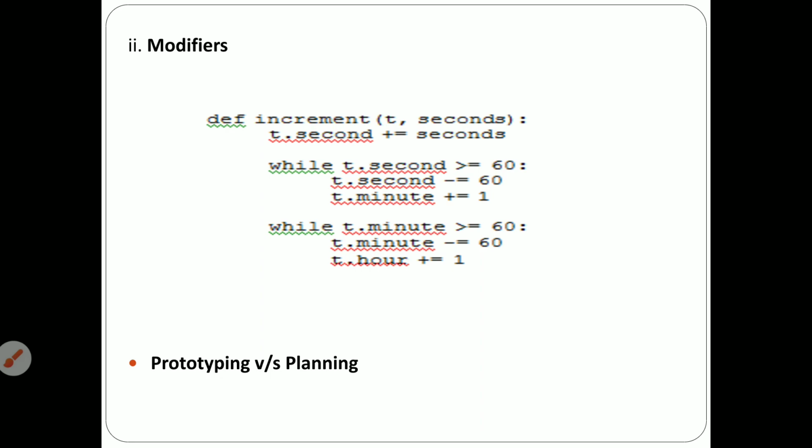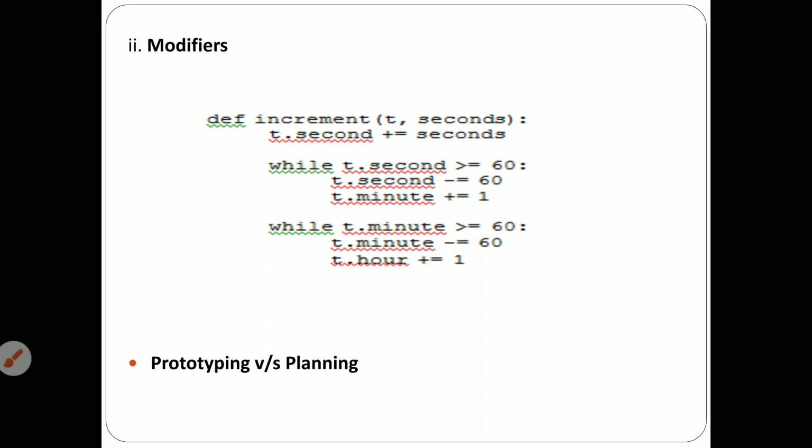The higher the language you take, the easier it gets to study. For example, here the problem is adding two objects, which means adding the seconds to the time object I'm using here. It will be based on 60.